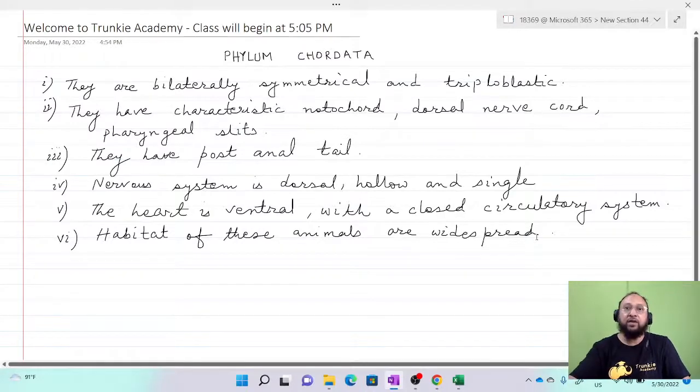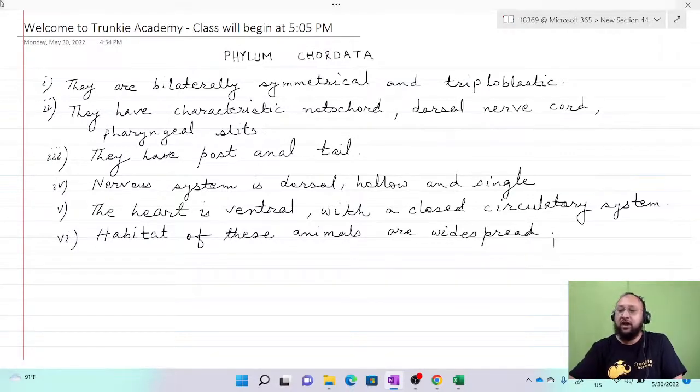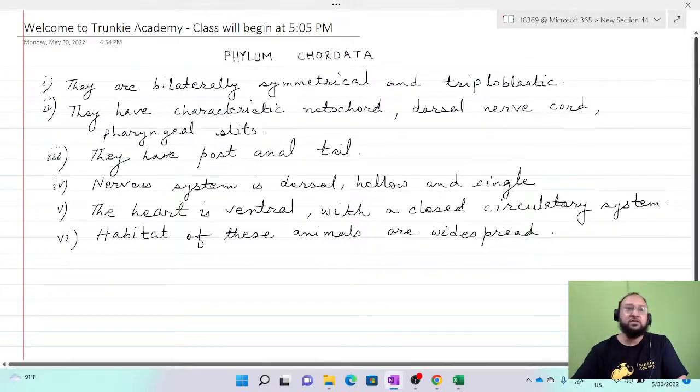Now one important point, as you are in class 9, and according to the syllabus, you must know the division of the phylum Chordata, so that there should not be any confusion. Because we know that phylum Chordata are the higher group of animals as compared to non-chordates.